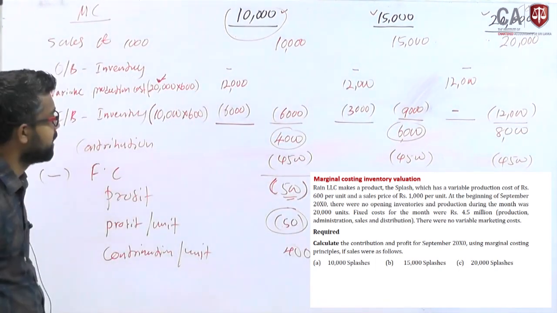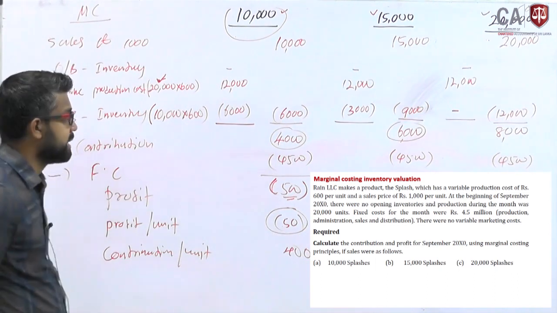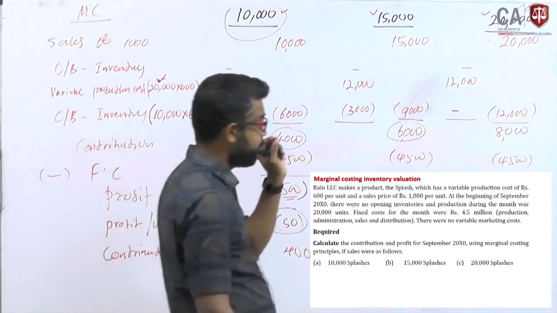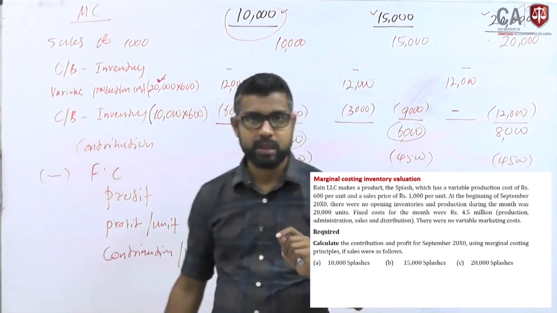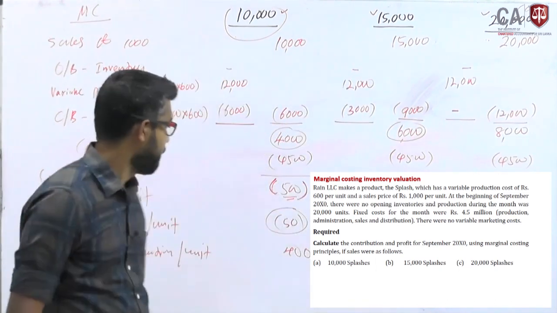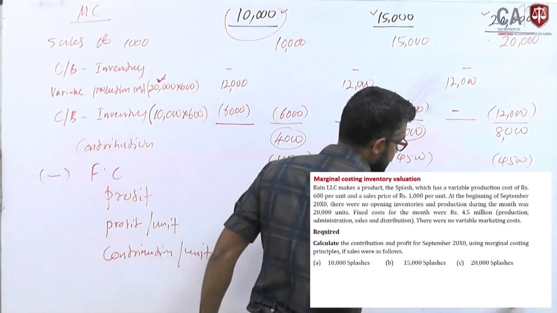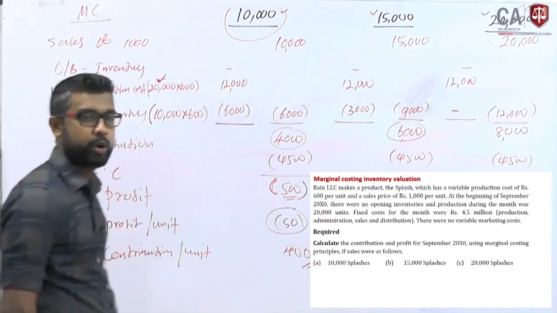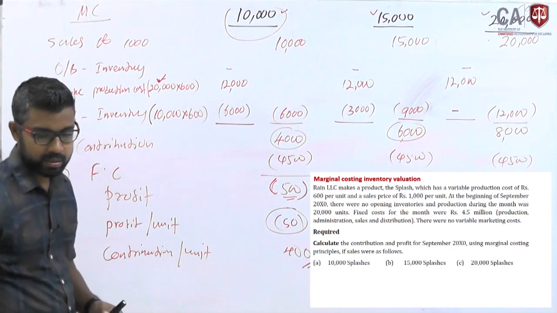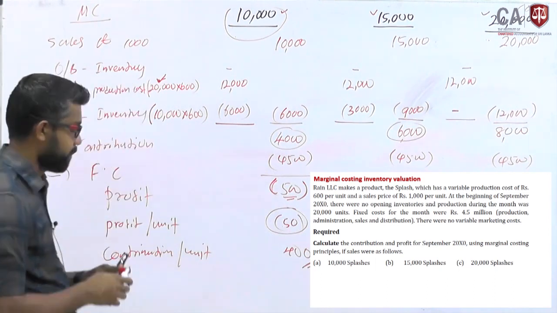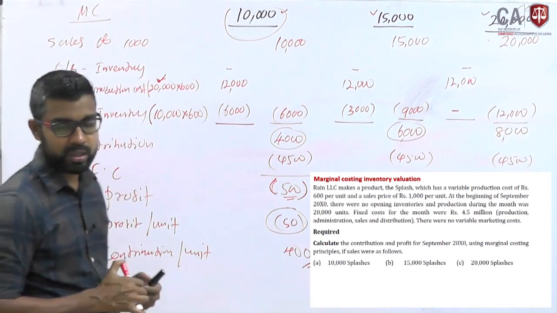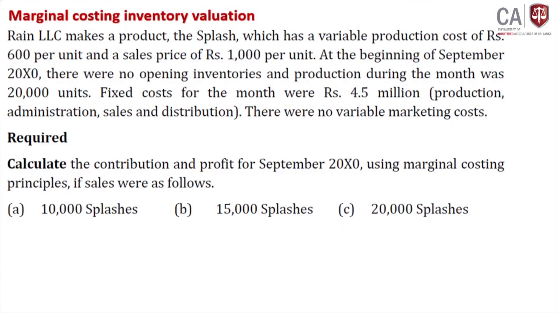But according to marginal costing, since we do not consider fixed production cost into the unit of output, per unit contribution will always be the same according to marginal costing. But in absorption costing that is not the case, right.